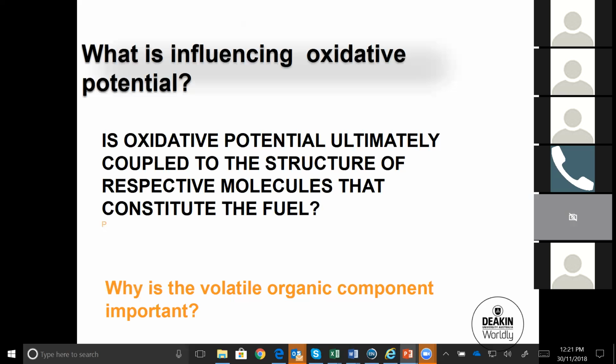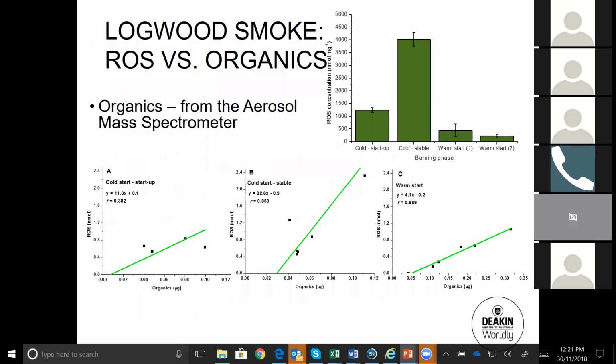What we have discovered, this is an experiment done by Branka Miljevic in Switzerland. This experiment is showing that, as we know, organic compounds are very important for the toxicity of pollution, so that ROSs are mainly organic species, and that toxicity caused by particles will be contained in the organic phase.